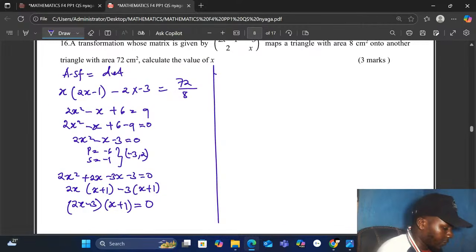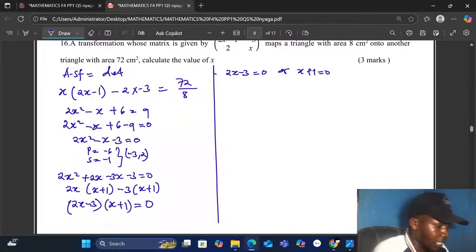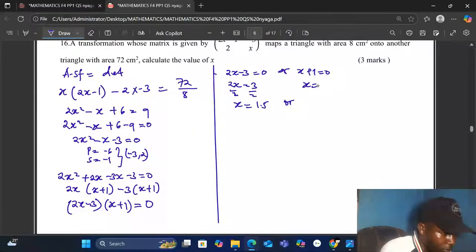We can now have 2x minus 3 is equal to 0, or x plus 1 equal to 0. So 2x will be equal to 3, and x plus 1 equals 0 gives x equal to -1. So it is x is equal to 1.5, or x is equal to -1.